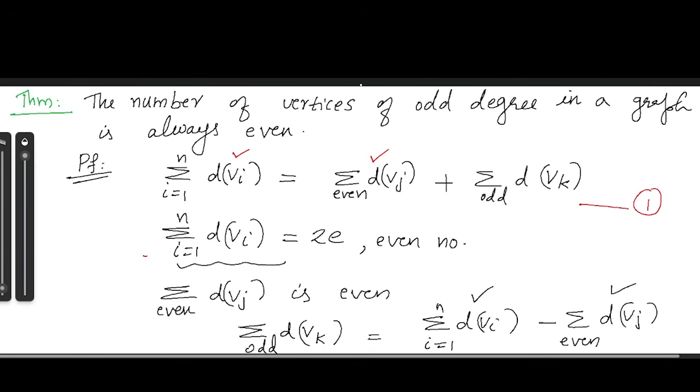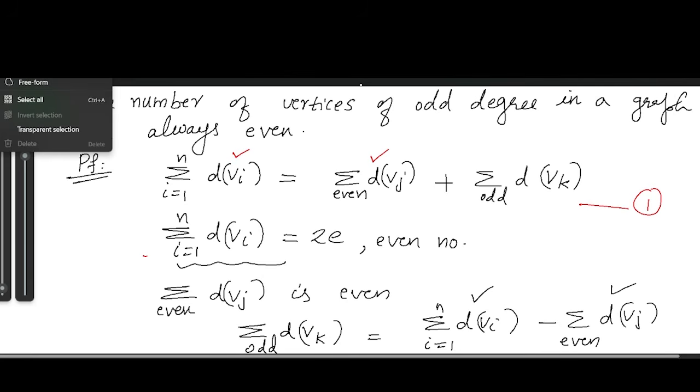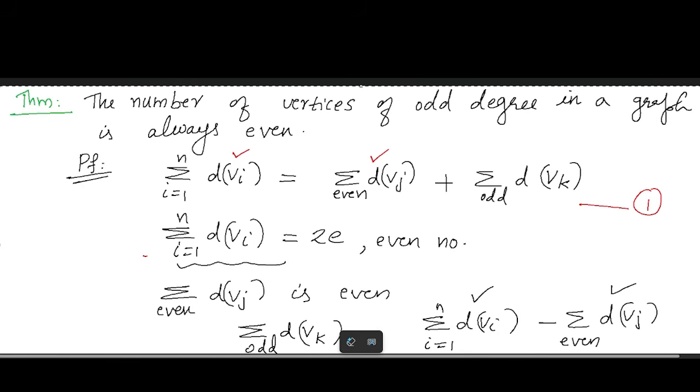Next, we have a definition. A regular graph. A graph in which all vertices are of equal degree is called a regular graph. For example, we are considering a graph like this.